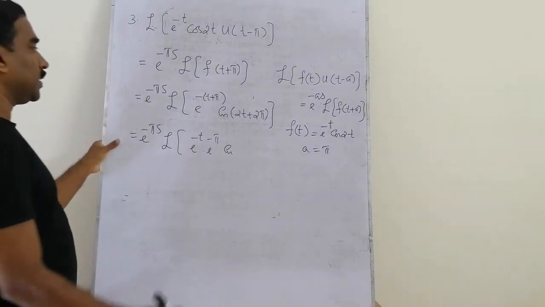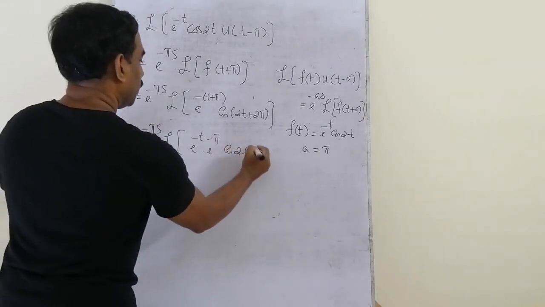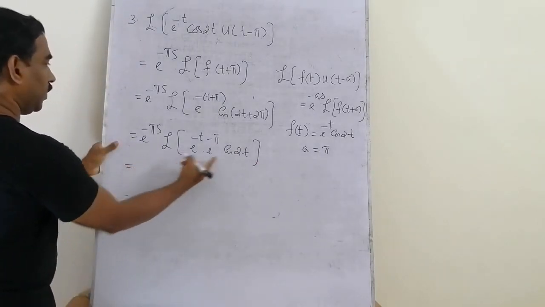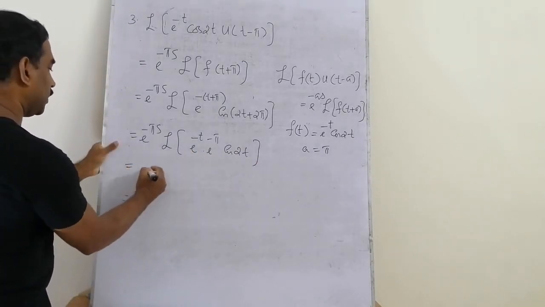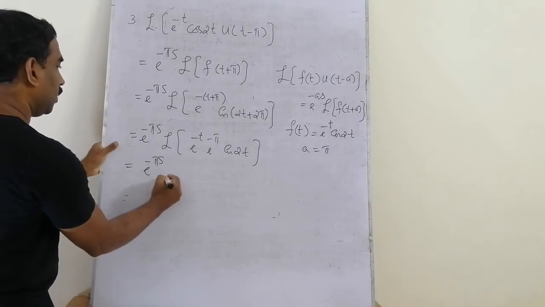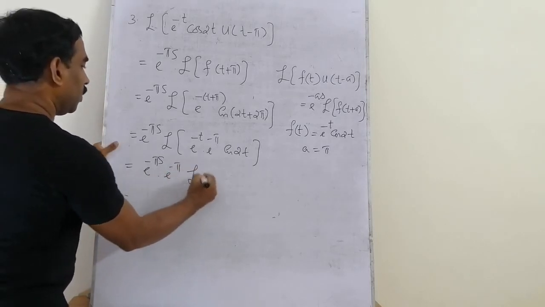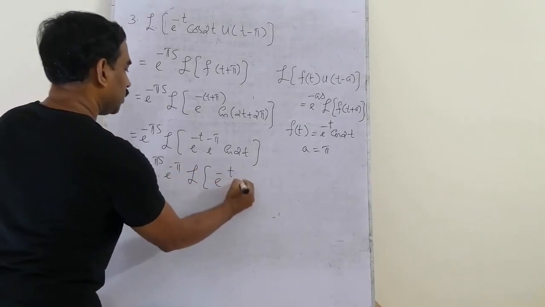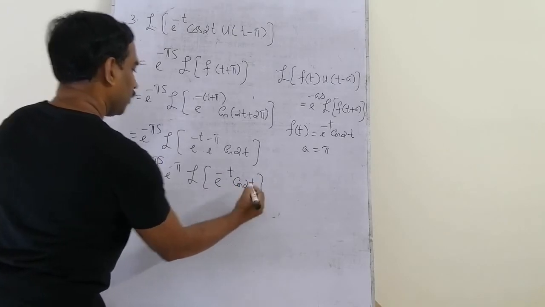Cos 2 pi plus theta is cos theta, so this is cos t. We can remove this e raised to minus pi outside, that is e raised to minus pi s into e raised to minus pi into Laplace transform of e raised to minus t cos t.